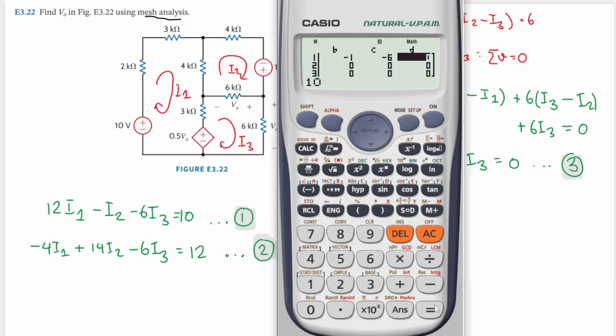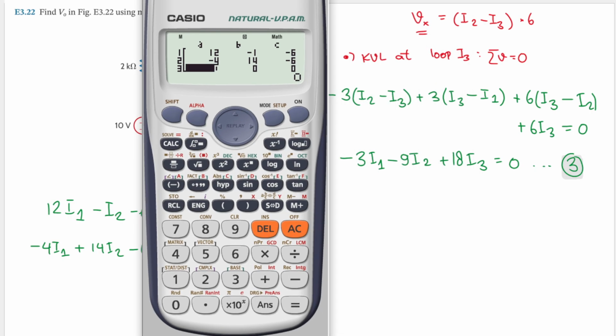Good, and then we will have minus 4, then we will have 14, then we will have minus 6, and all of that will equal 12 here. Then what is I3? I3 is this one, so we have minus 3, minus 9, and then 18, and then 0.